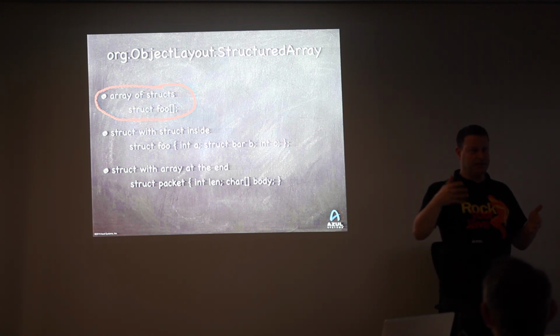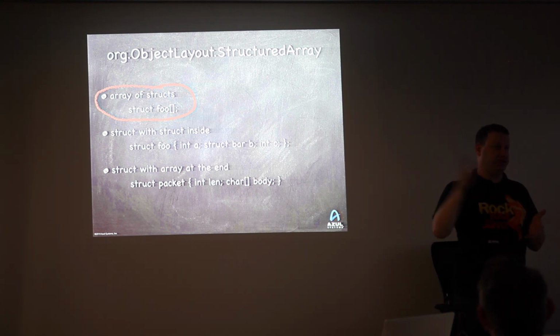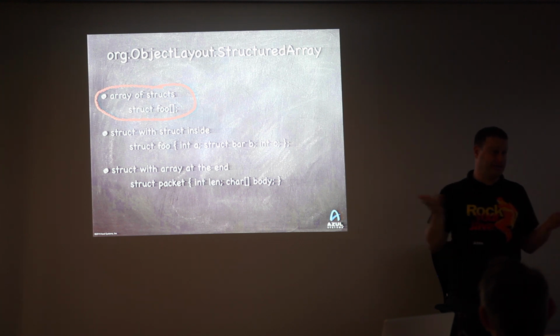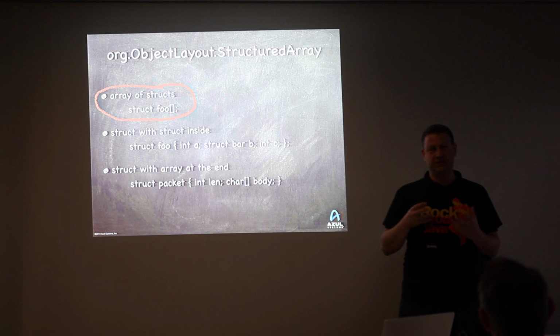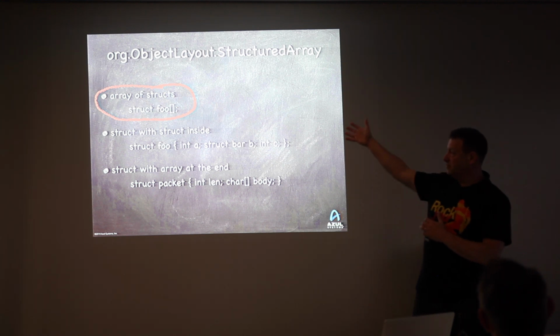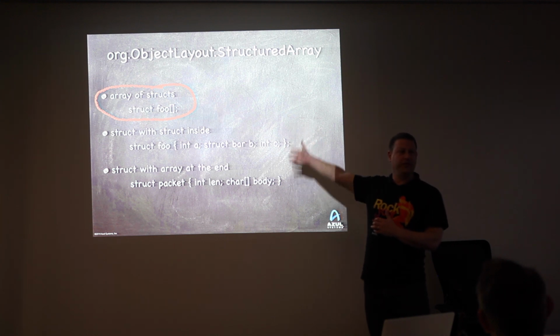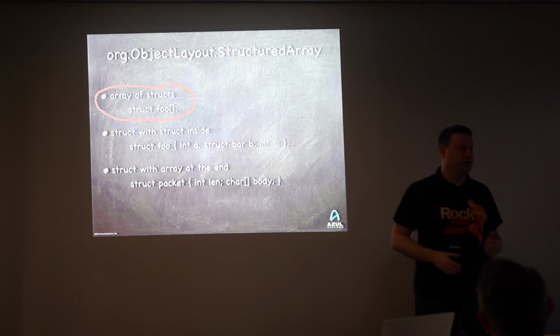When you have a subclass, what you're doing is actually adding fields at the end. So none of the base class offsets change when you have subclasses. That's why everything is fast to access anyway. The structs and objects are very similar in what actually happens in memory layout. The differences are that with structs you can do these things and you can't do any of them with objects today. We don't have a way to declare that.